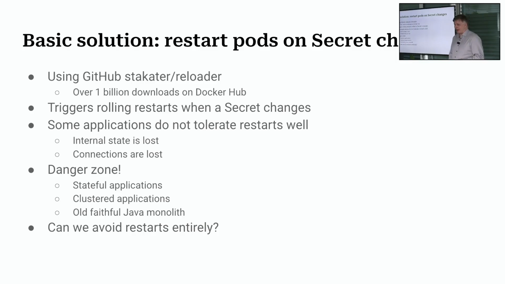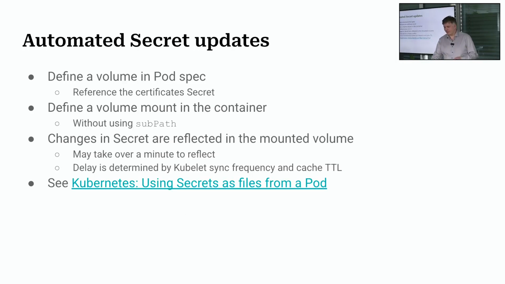So how could we avoid the restarts? Let's first look at the secret updates. On Kubernetes, we can define a volume in a pod spec that references a secret that contains the certificate data. Then we define a volume mount in the container.